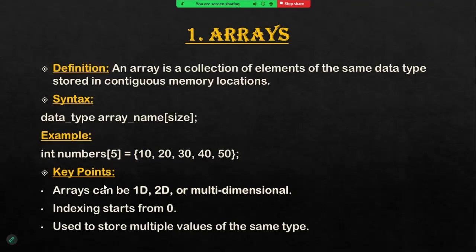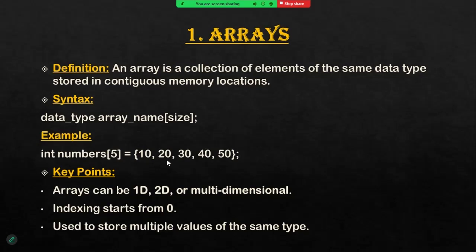After that, key points. An array can be 1D, meaning one dimensional, two dimensional, or multi-dimensional. And indexing starts from 0. What does indexing mean in an array? The first element of my array, for example 10, has index number 0.